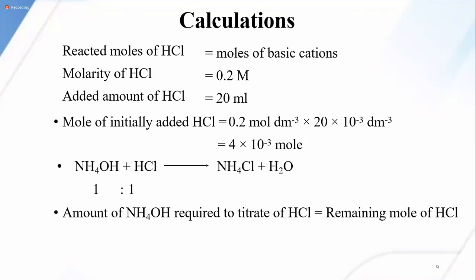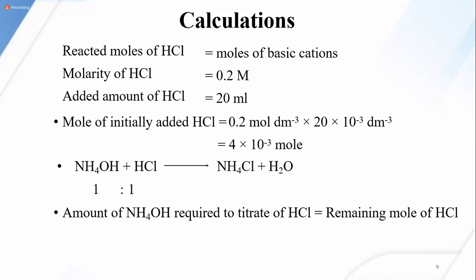Through the titration, we determine the remaining mole of HCl, so we can't find the reacted one directly. In the previous oxidation titration also we did like that, using the unreacted amount. Likewise, here also we are doing the same.